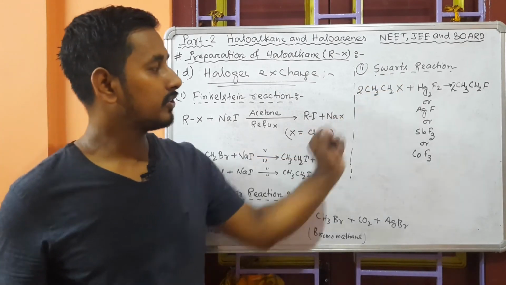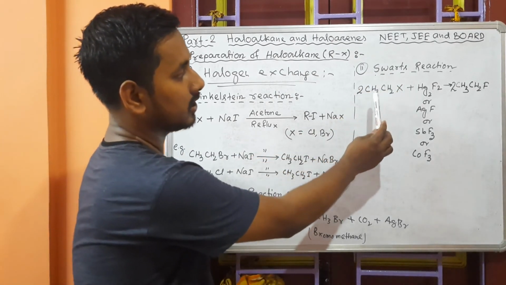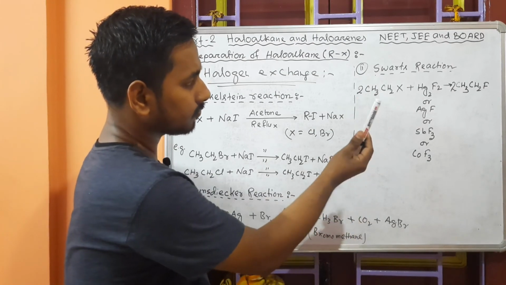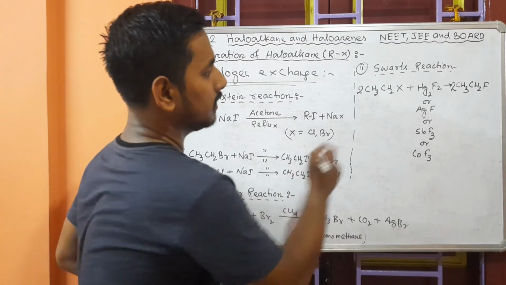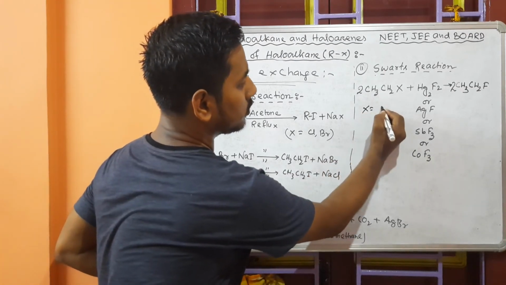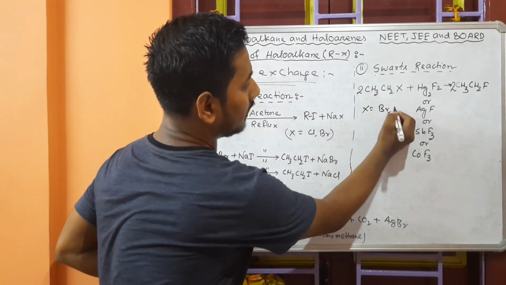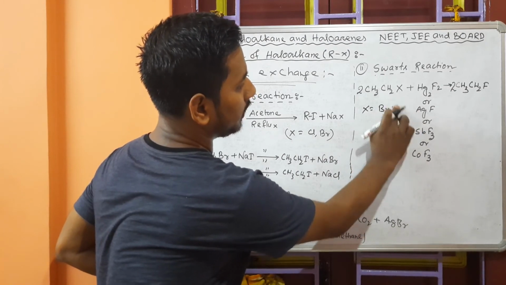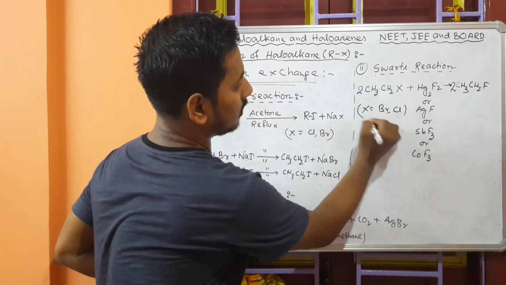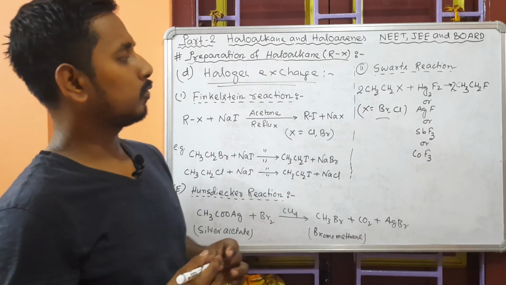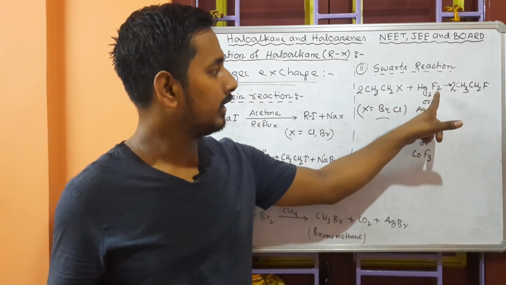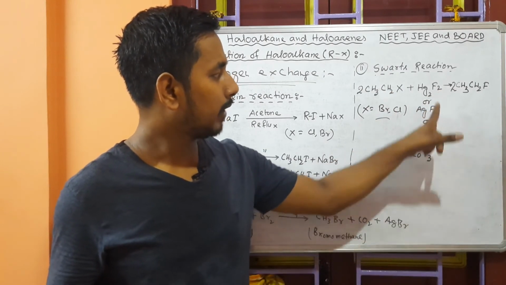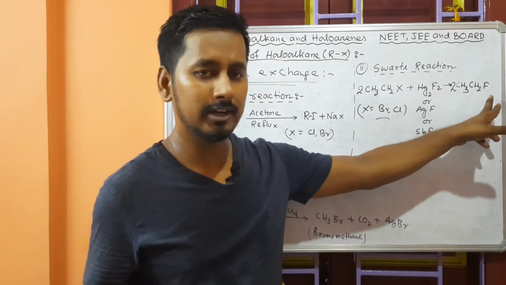Next one is the Swarts reaction. See, in the case of the Swarts reaction, what do you have to use? CH3CH2X, where X is bromine and chlorine, and you can also use iodine, then that will be replaced by fluorine, and you get the fluoride product.